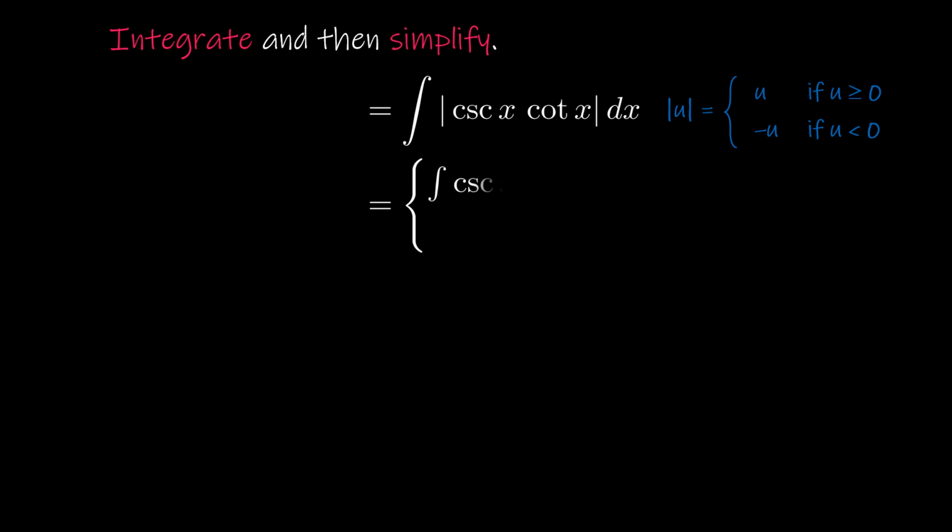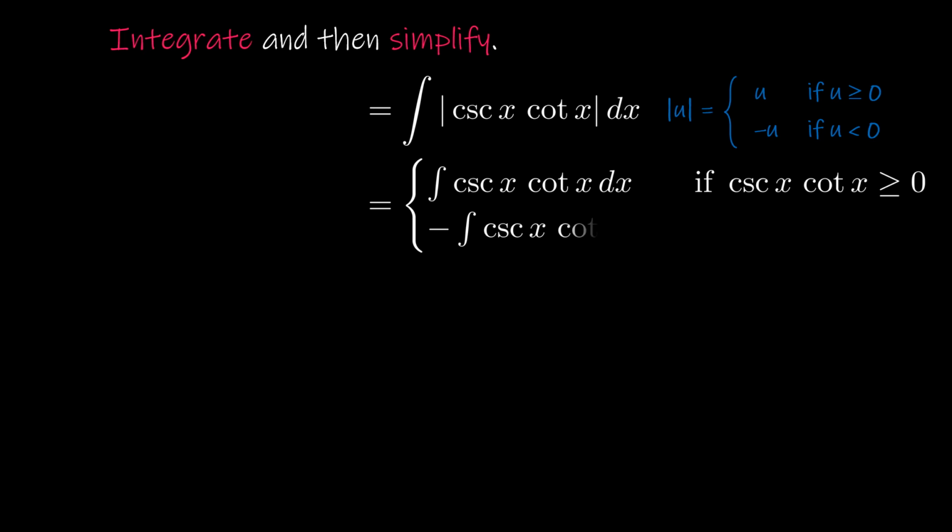First, the integral of the cosecant of x times the cotangent of x dx, if the cosecant of x times the cotangent of x is greater than or equal to 0. Second, the negative of the integral of the cosecant of x times the cotangent of x dx, if the cosecant of x times the cotangent of x is less than 0.